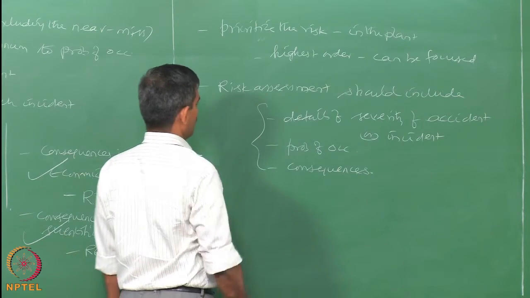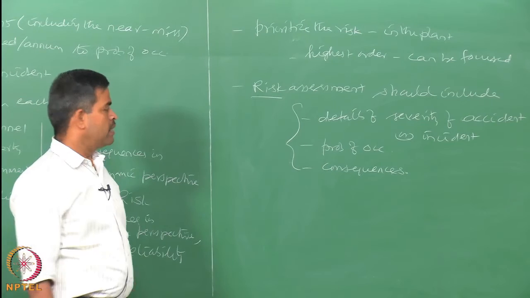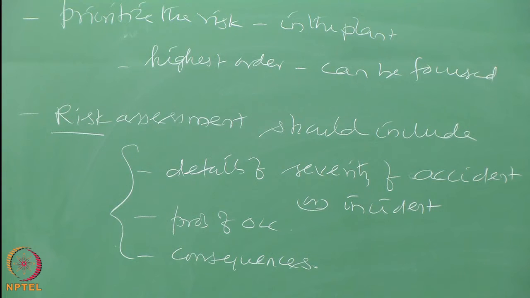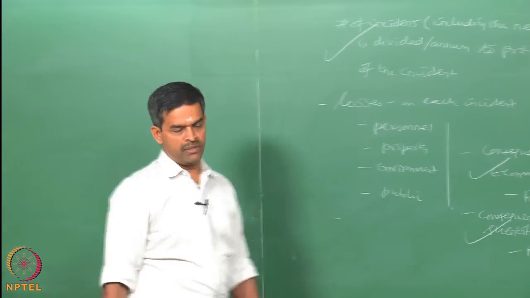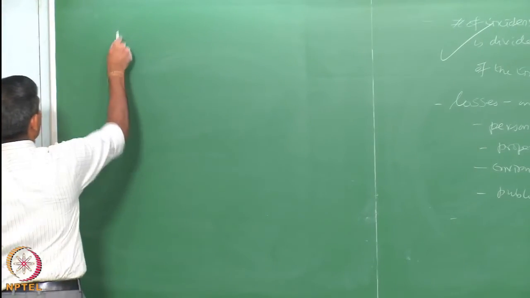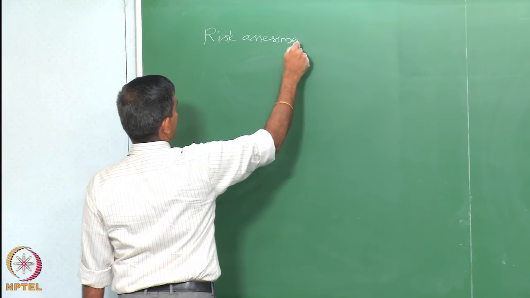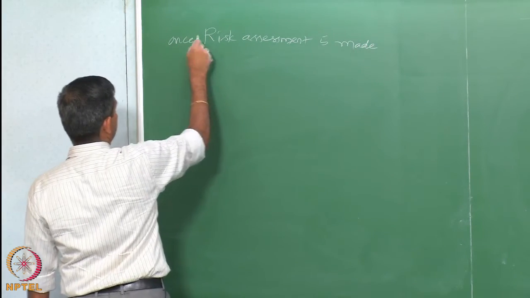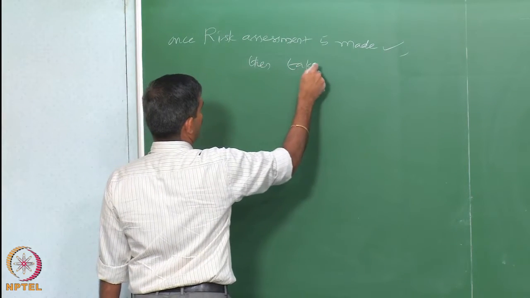So, put together, it will give me the risk assessment of that particular incident or accident. Once I know this, I should take it forward in 2 dimensions. So, once risk assessment is made, take it forward.